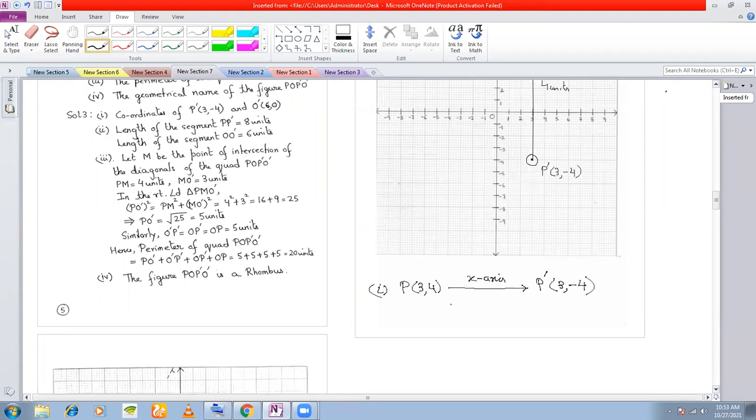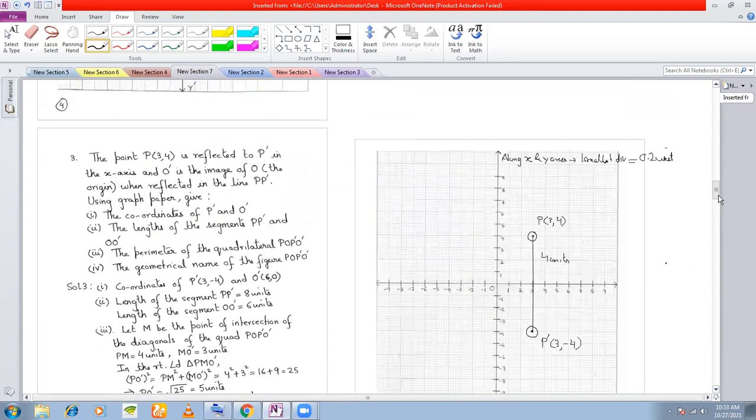Which we already plotted. And you also need to write down the coordinate of O dashed. O dash is the reflection of the origin in the line PP dashed. So this is the point O. As I did in the rough, this distance is 3 units. So from here, you take 3 units. This is the image of O when reflected in the line PP dash. This is O dash. The coordinate is (6, 0).